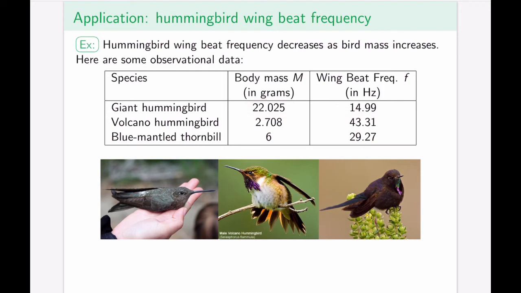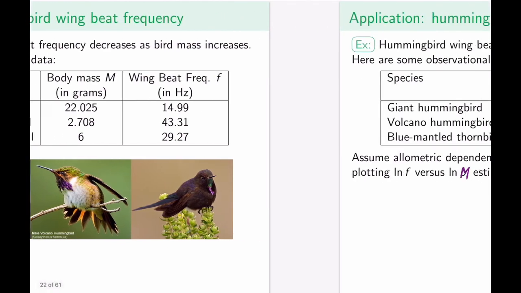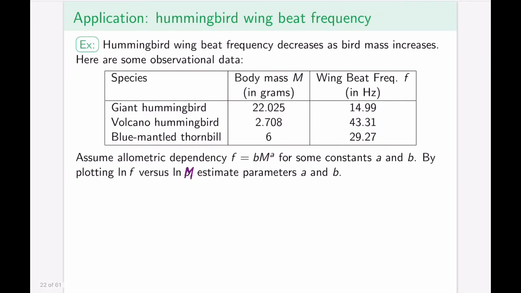So we can try to plot the data as is and find the actual relationship between the points, but exponential relationships are hard to find from raw data. So instead, what we're going to do is assume allometric dependency, allometric meaning power or exponential.